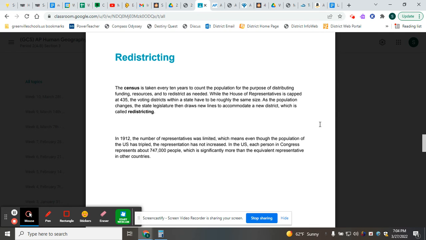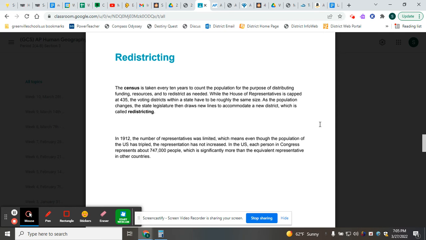So what happens is that we do our best to make sure that every congressional district is equal. I think right now that every congressional district is, as of the 2020 census, probably close to 800,000 people.